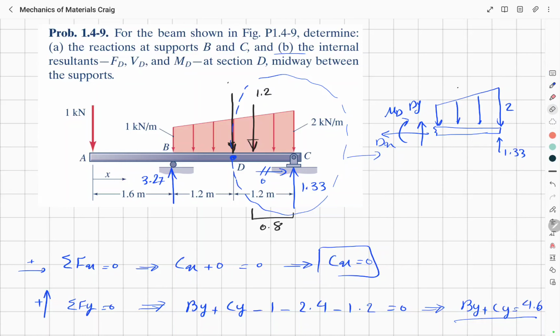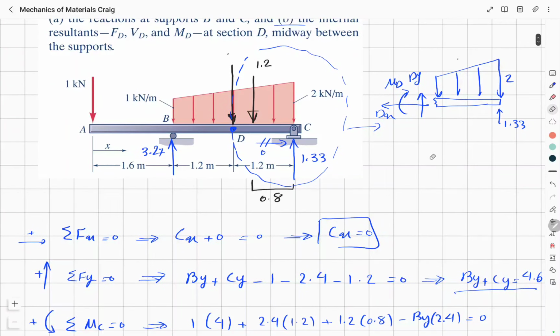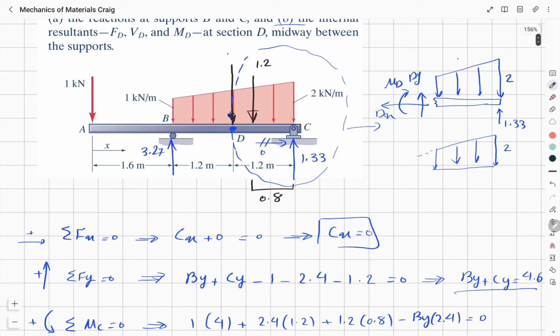So we can again convert this distributed load to a rectangular and triangular distributed load, and then convert each of those distributed loads to point loads. So this was 2. We know this was 1.